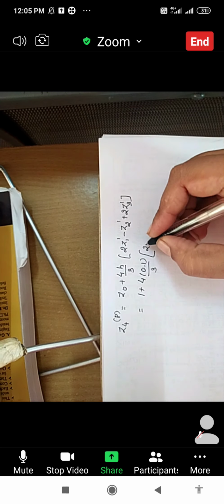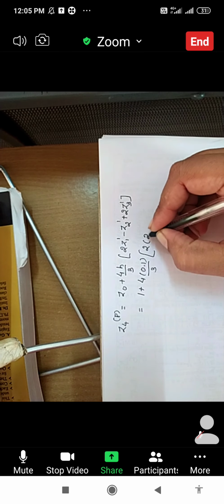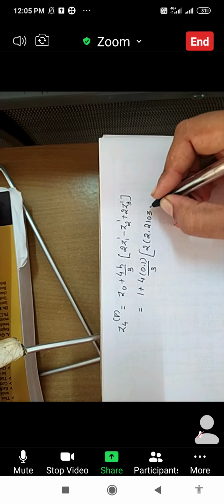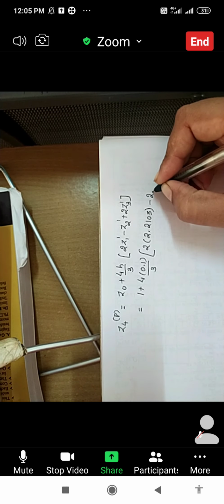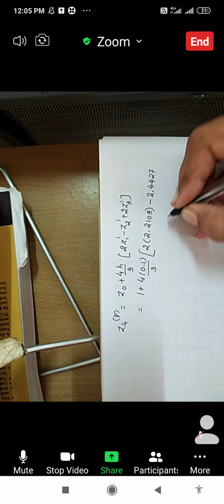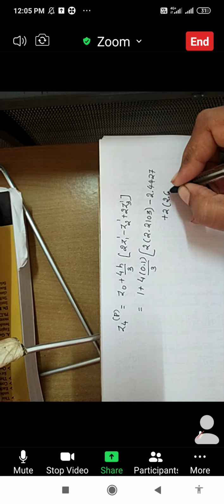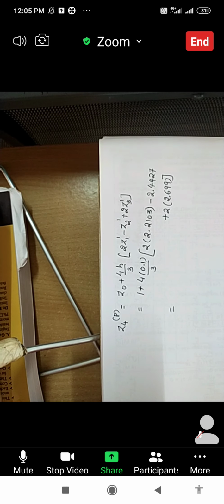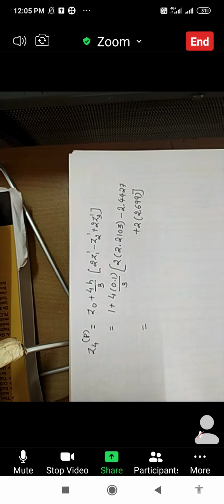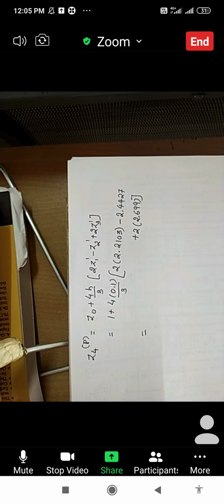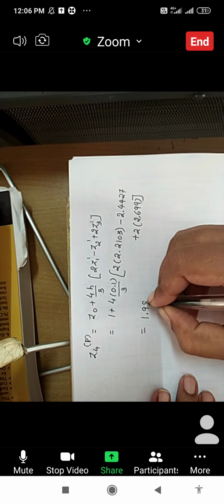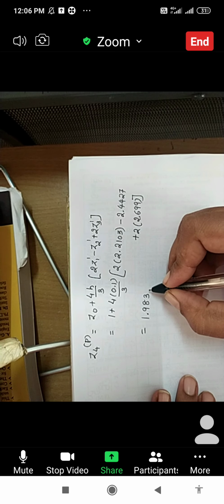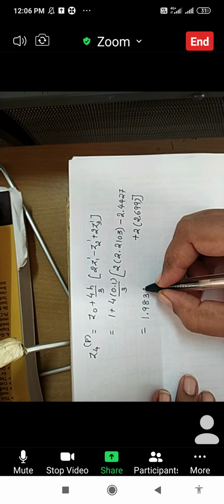Let us substitute. 2 into 2.2103 minus 2.4427 plus 2 into 2.699. Do the calculation. 1.9835, shall I write it as that?